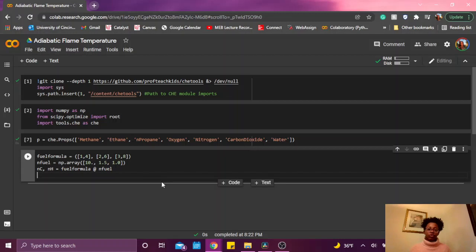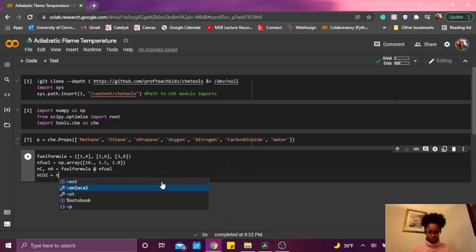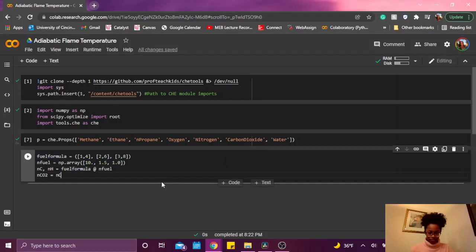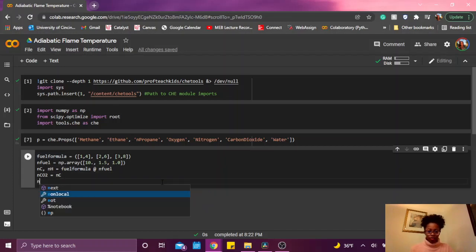And then next, we're going to want to have the moles of carbon dioxide. So that's NCO2, and that's equal to just the moles of carbon. And then after that, we want to do the moles of water. And that's equal to the moles of hydrogen divided by 2.